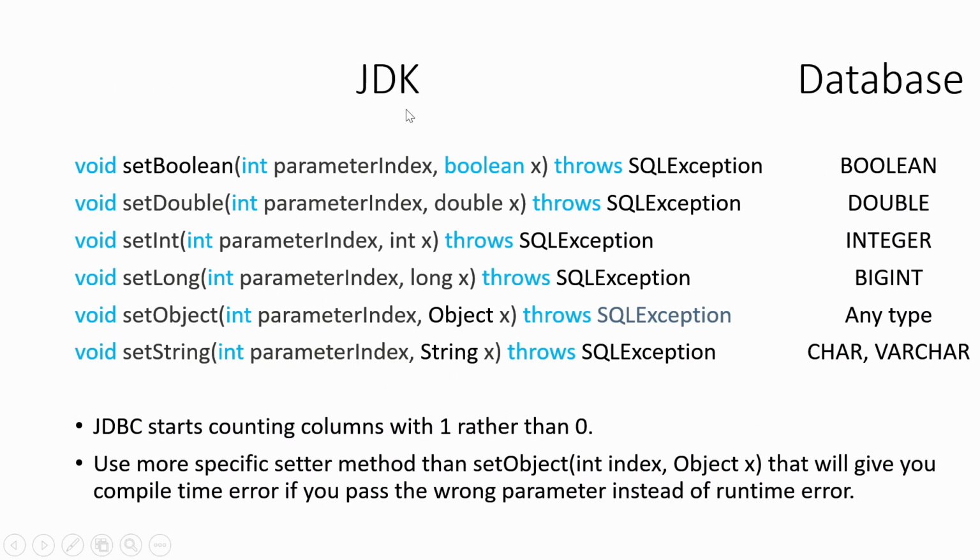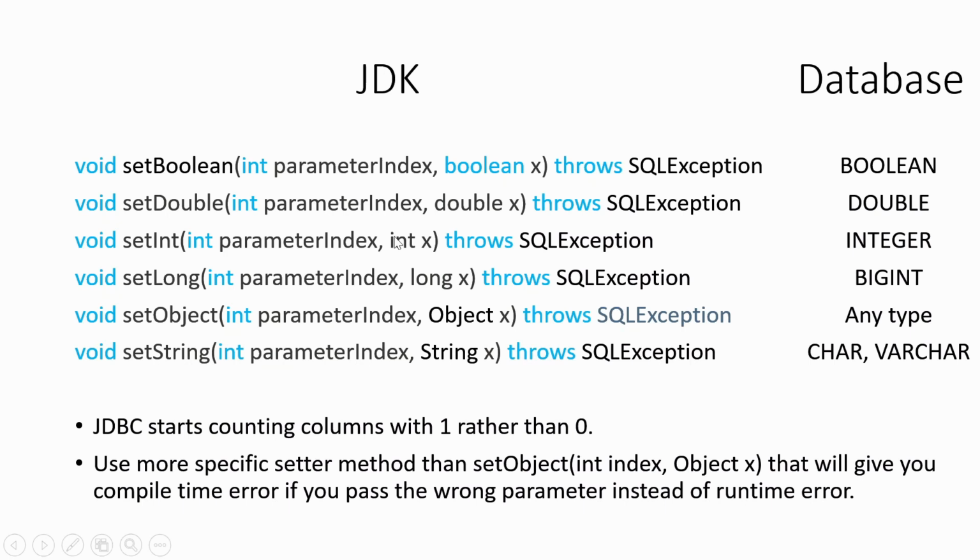Prepared statements have a lot of set methods to set bind variables. If the database value is boolean, you can use set boolean. For double, you use set double. For integer, set int. For big int, set long. For any type, you can use set object.